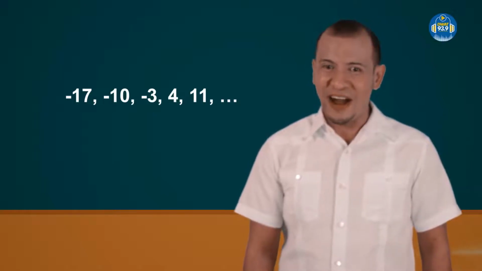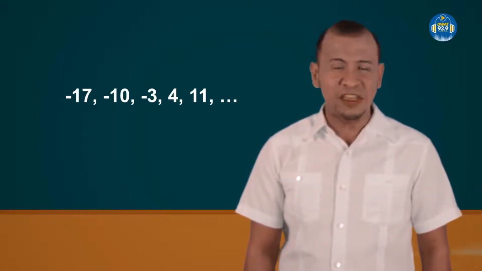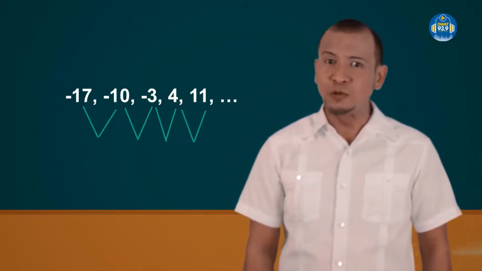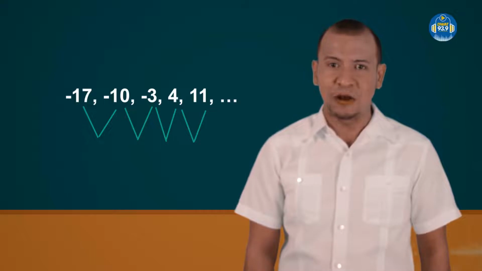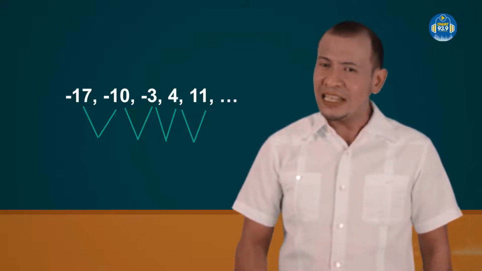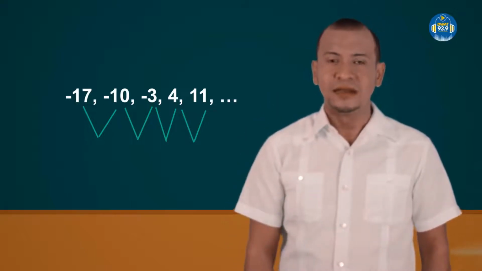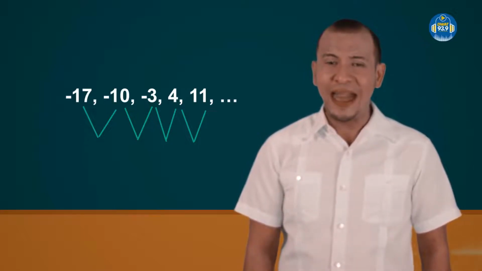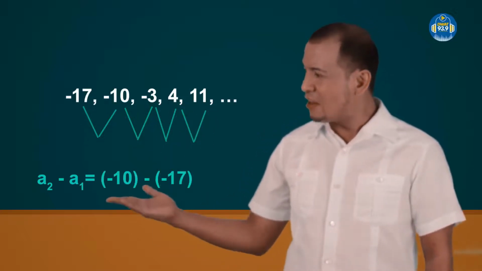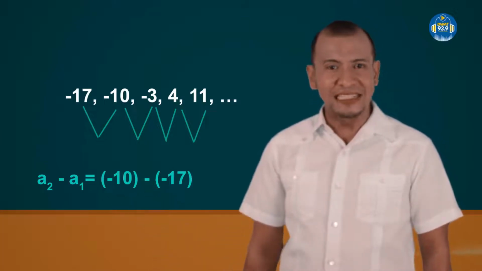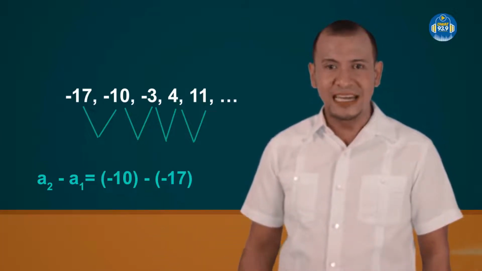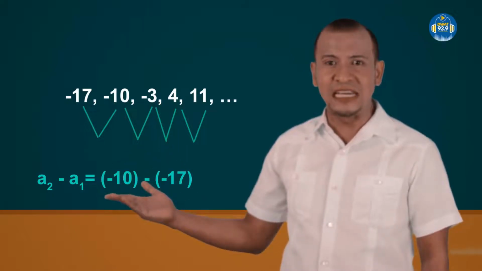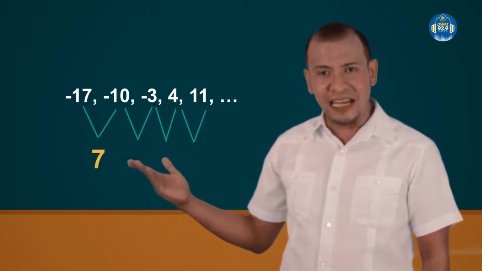So, to find out if the sequence is arithmetic, there must be a common difference between any two terms in the sequence. Now, let's find out. Finding for the difference, or D, we have a sub 2 minus a sub 1, which is negative 10 minus negative 17, and that is equal to 7.